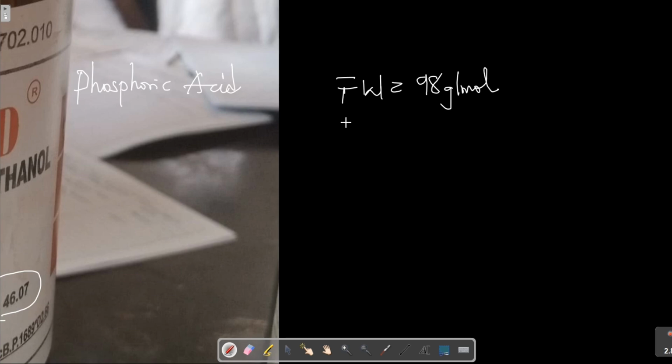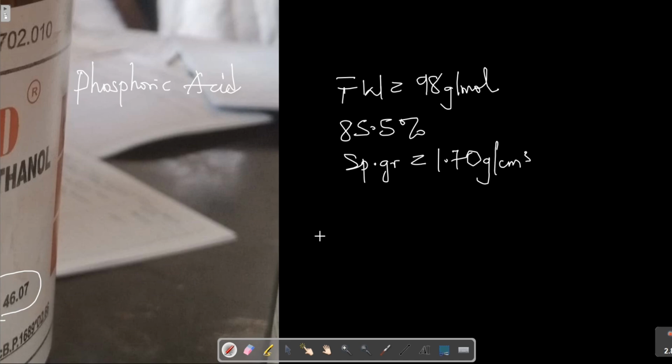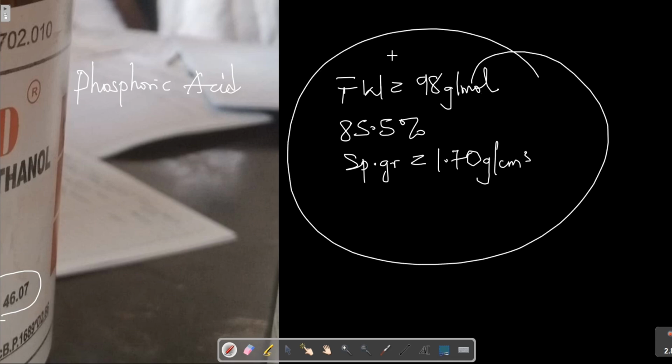Most of the commercial product comes in 85.5% concentration. Then the specific gravity at 20 degrees Celsius is 1.70 grams per cm cube. So I want you to determine the concentration of its stock solution with this information for phosphoric acid and for ethanol.